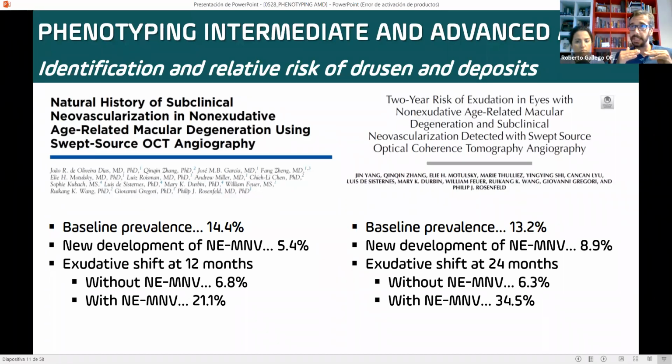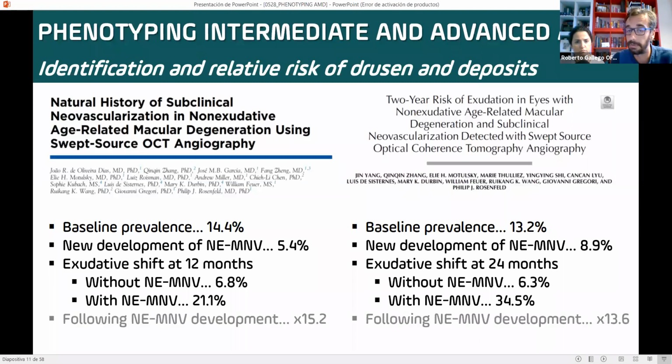So what is the percent of patients who develop an exudative shift and need injections at 12 and 24 months? If they don't have this kind of non-exudative macular neovascularization at baseline, you can see the percentage of patients developing exudation, very little, around 6%. But if they do have this non-exudative macular neovascularization, it's 20% of them developing exudation at 12 months, 34.5% of them developing exudation at 24 months of follow-up.